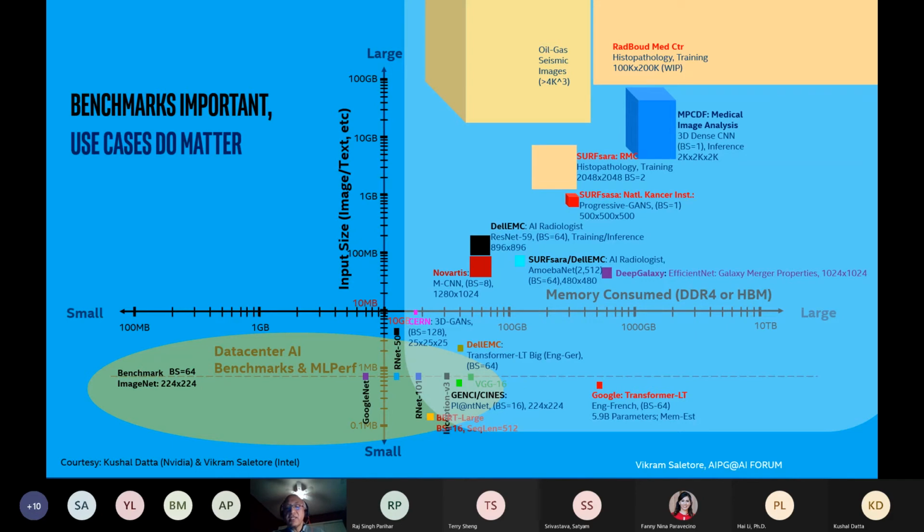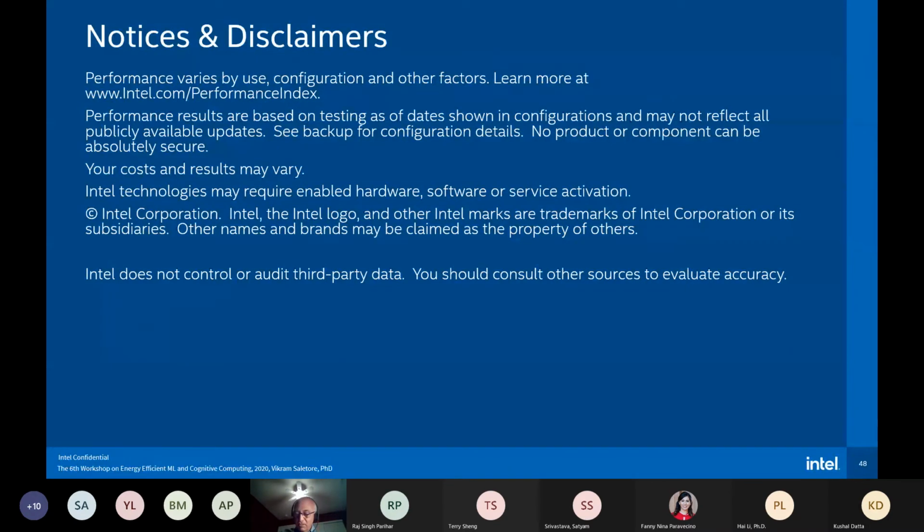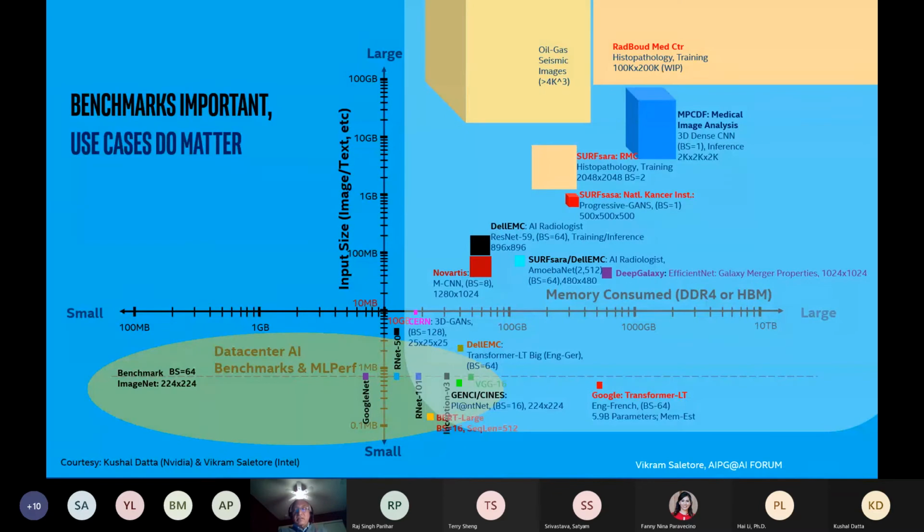And as you can see, of course, GPT-2 and 3 are way out, but the size of the input going in is much smaller. So you require memory, you require compute, and that's what some of these use cases are.